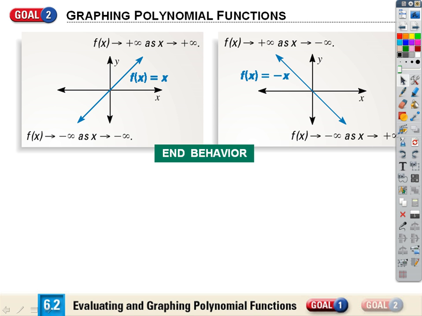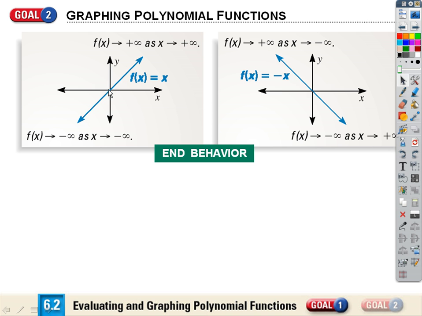So if the ant goes forever in the positive x direction, what's going to happen to the function? Well, we can see here that he just climbs upward forever. And so f of x, which just means y, also approaches infinity. Right? So as x approaches infinity, f of x approaches infinity. What about as x approaches negative infinity?